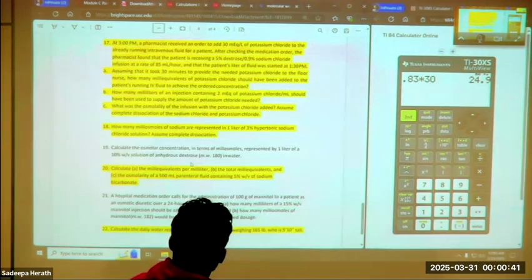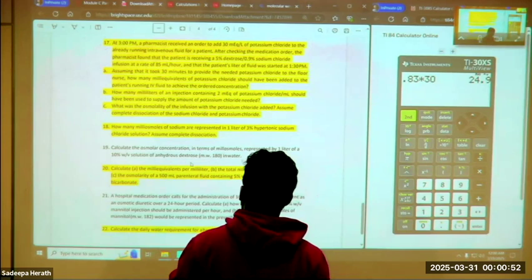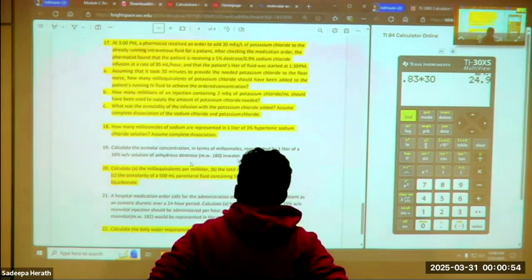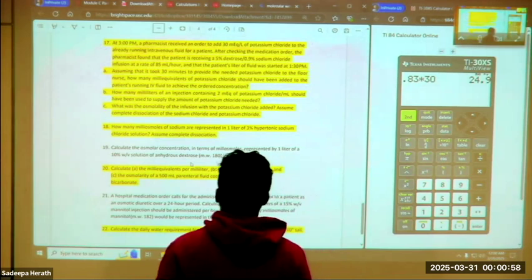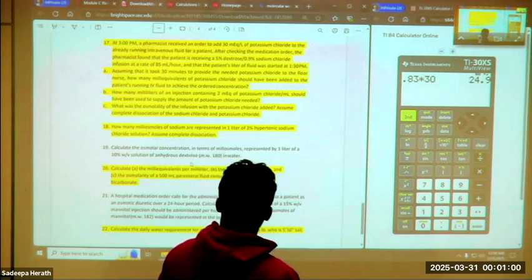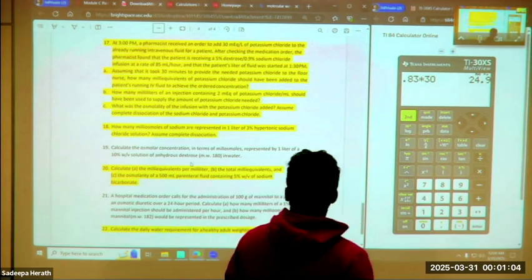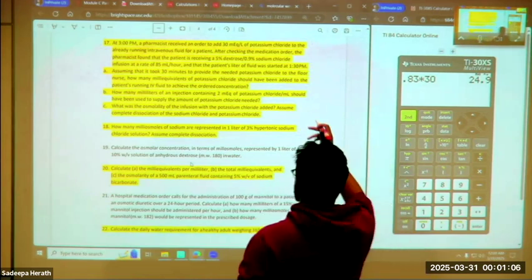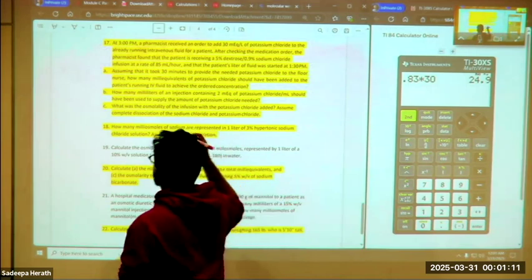So we need to find the milliosmoles of each factor and then add them together. Let's start with sodium chloride first.